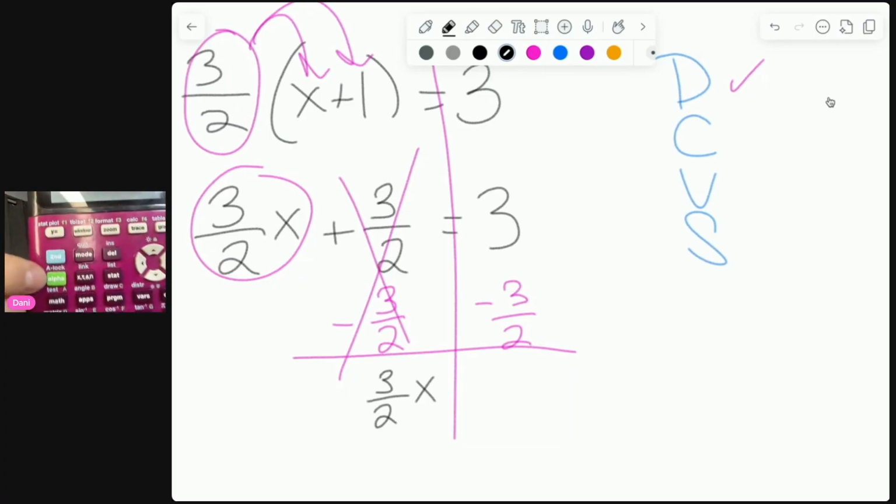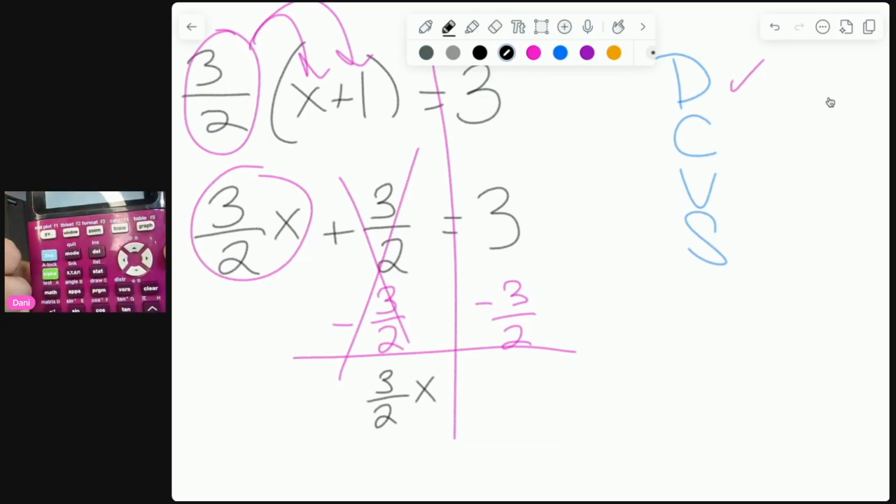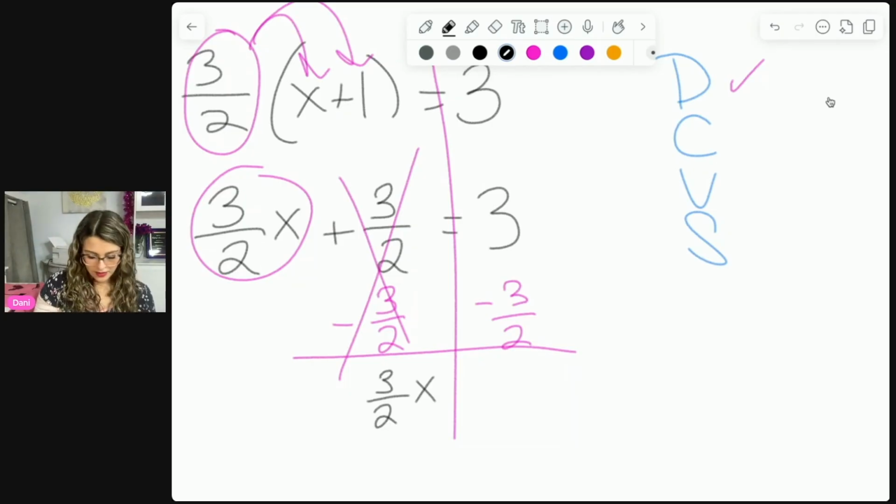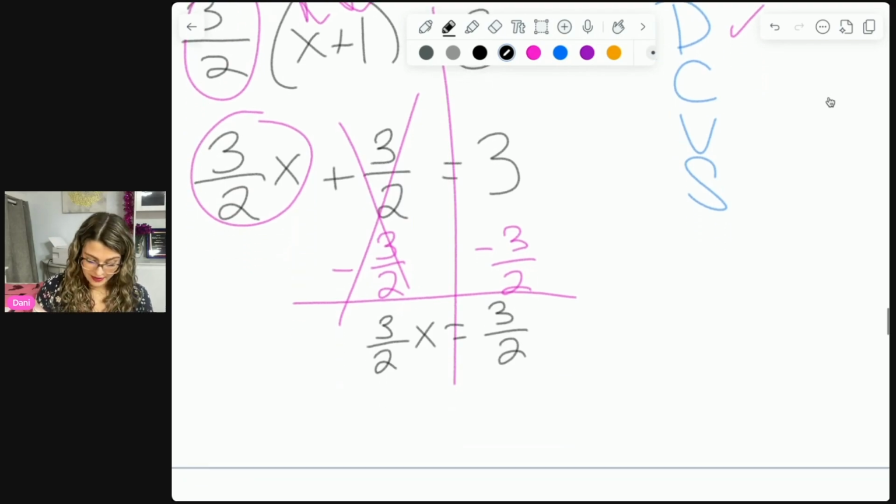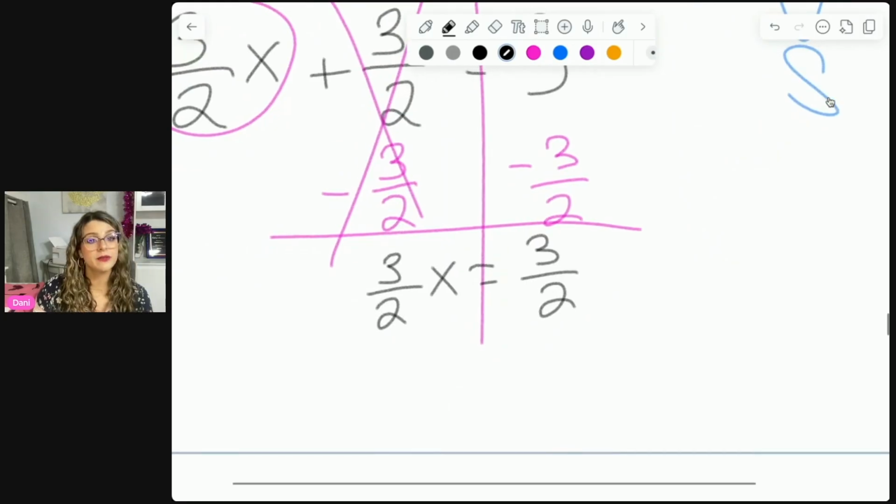So again, that was alpha and the button next to it. All right. So 3/2. And when I type it in like a fraction like that, it's actually going to give me my answer as a fraction. If you got a decimal, it'd be 1.5, but I'm going to write it as the fraction, which is 3/2.